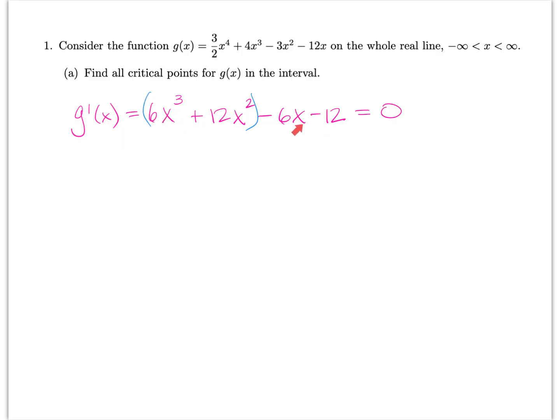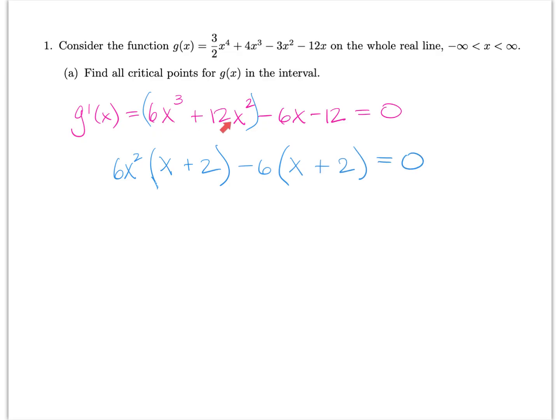And then these two, I could pull out a negative 6. So looking at this first set of parentheses here, I'm going to have 6x squared. And what's left is x plus 2. And then when I look at my second two terms, I can factor out a negative 6. And what's left is x plus 2.